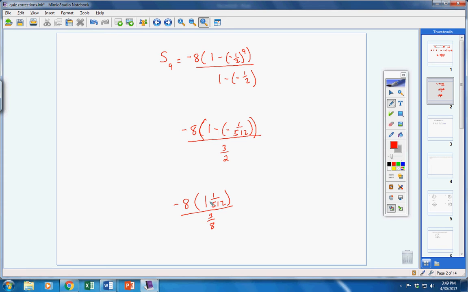If you take your calculator and type in 1 plus 1 divided by 512 equals times -8 equals divided by 3/2, you will get this answer right here: -5.344. Or if you want it in fraction form, -171/32. Or in mixed number form, -5 and 11/32. All of those work.